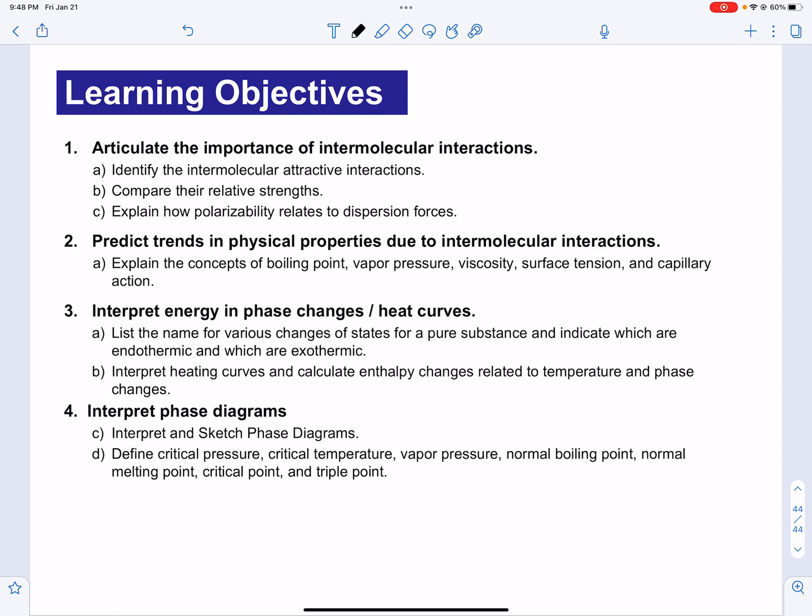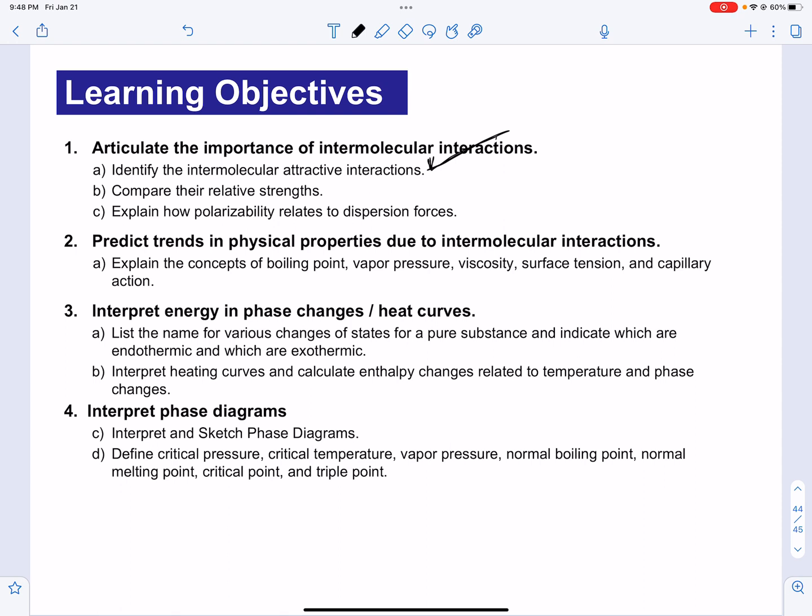Quick review. Identify intermolecular attractive interactions. Remember, all matter has dispersion because it contains electrons. You're going to have dipole-dipole interactions; for that to happen, the molecule has to be polar, so make sure you review your material from 1411 on how to determine if a molecule is polar or not.